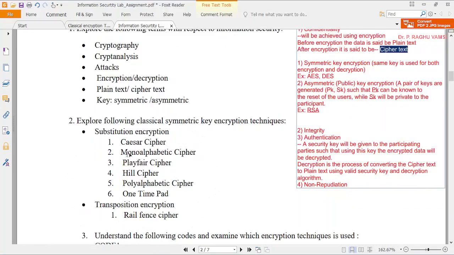These algorithms are broadly classified as substitution algorithms and transposition algorithms. In the substitution cipher, substitution encryption, in place of the plain text, an alternate text will be replaced. That is called substitution. For example, if in a text there exists A or B, instead of A they will replace it with some other text, number, or symbol.